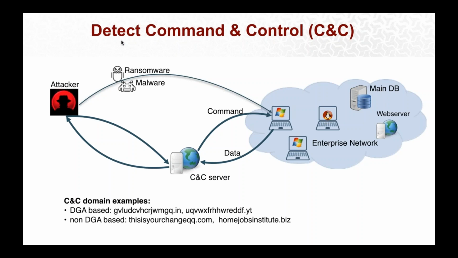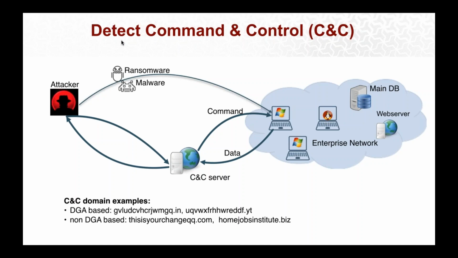So the first case study is the detection of command and control. In this particular case study, the attacker is communicating with a command and control center, which could be a DGA-based DNS domain or a non-DGA-based domain.